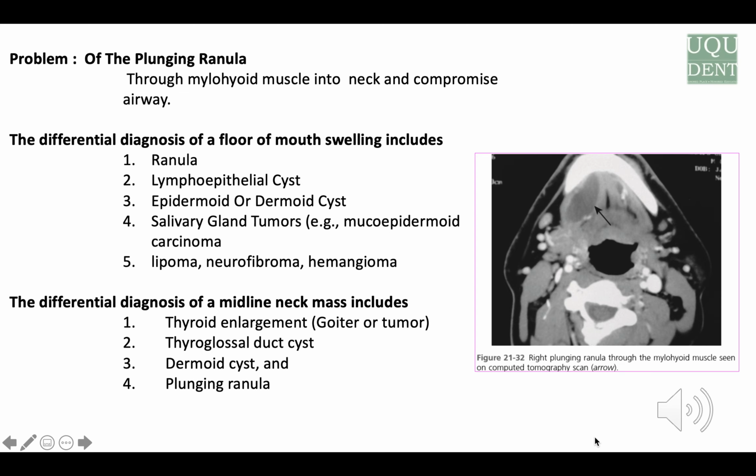The previous one was floor of the mouth, meaning under the tongue. The second list is for a swelling in the midline of the neck. In the midline, what structure do we have? We have the thyroid, so you can consider thyroid enlargement, goiter, or tumor in the thyroid, or thyroglossal cyst, dermoid cyst and plunging ranula.